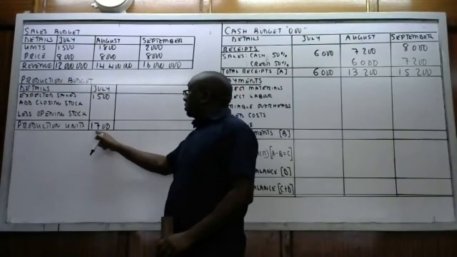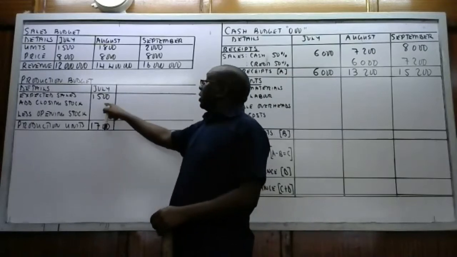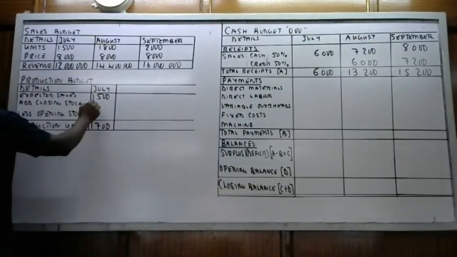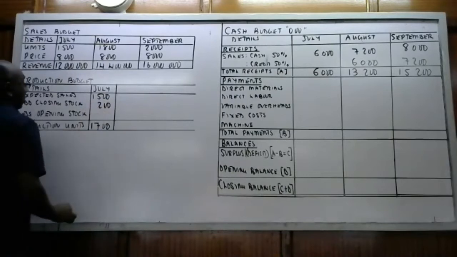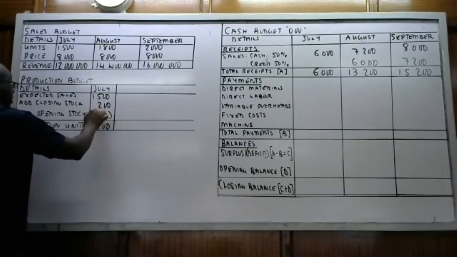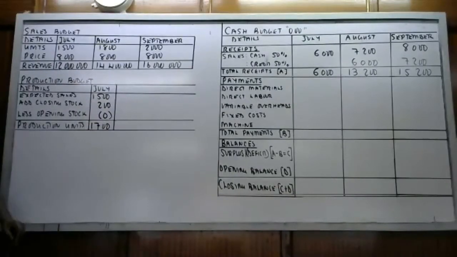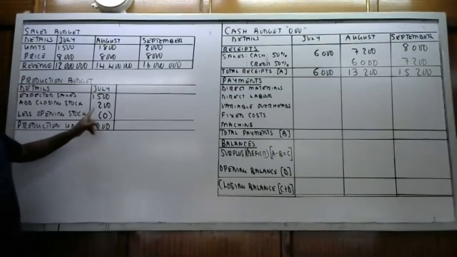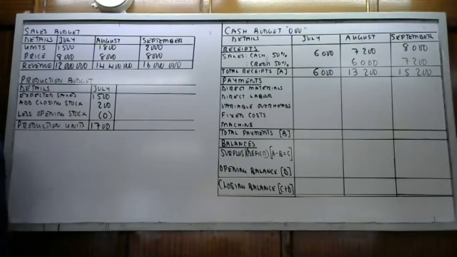So if we produced 1,700 na tukauza 1,500, hiyo ni kumaanisha we must have closed with 200, and we did not have an opening. That's the meaning. Hope you have gotten that: if production is more than sales, the difference is closing stock. But if production is less than sales, the difference is opening.